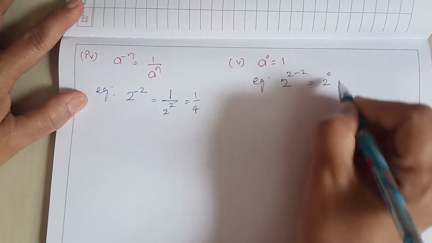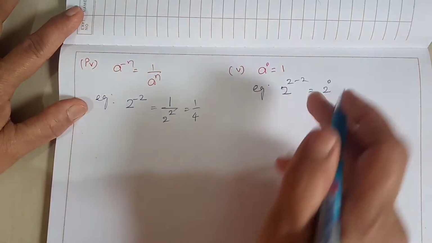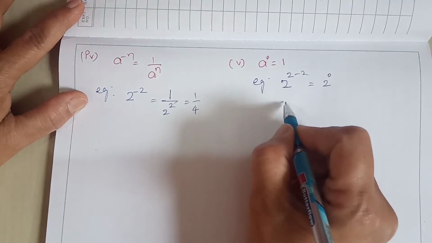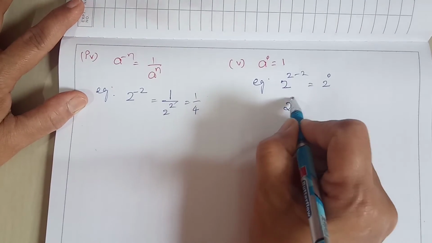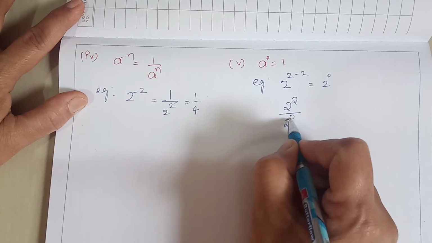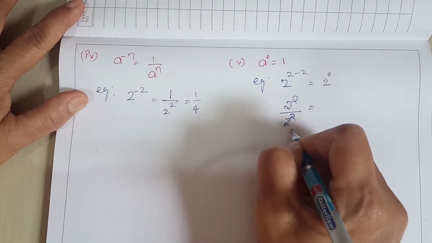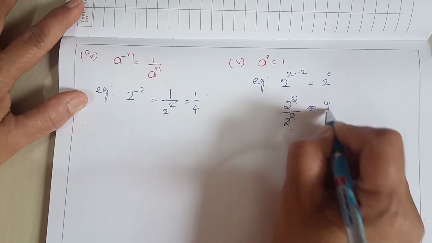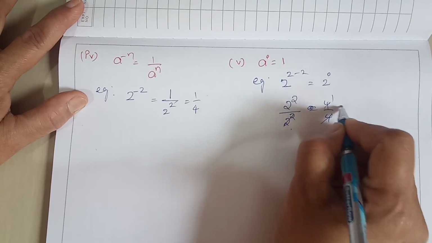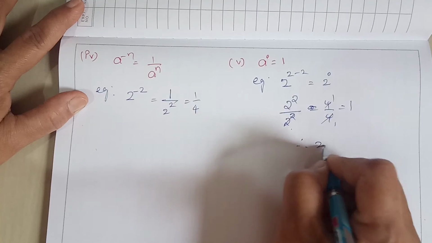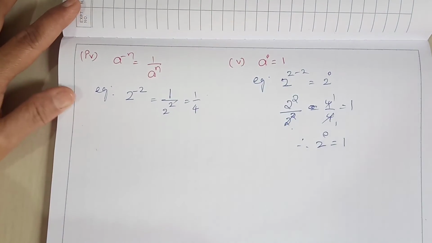What is this? 2 to the power 0 only, no? So in reverse, this can be written as 2 to the power 2 by 2 to the power 2. So how much is 2 square? 4 by 4. 4 ones are 4 ones are. So 2 to the power 0 is equal to 1.